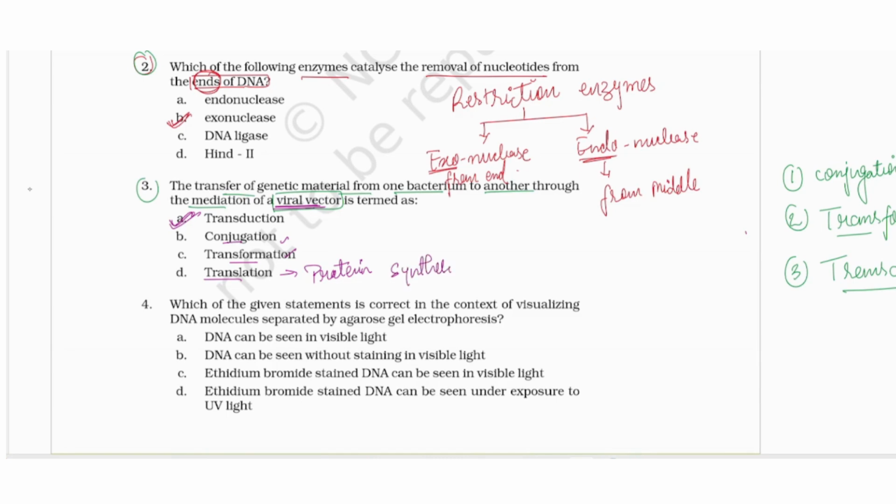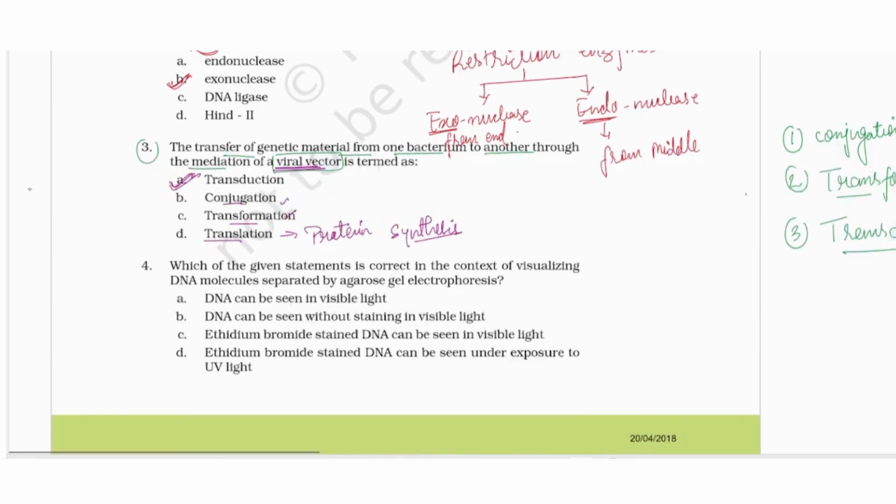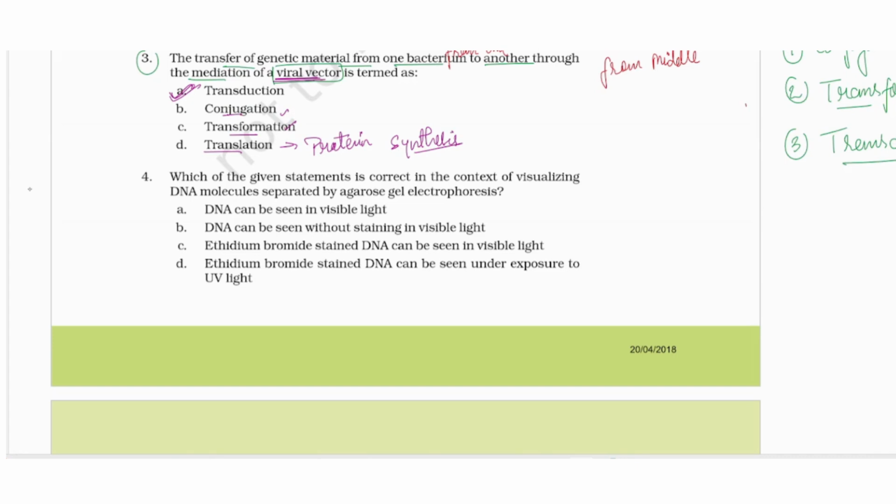Okay, now the next question is, which of the given statements is correct in the context of a visualized DNA molecule separated by agarose gel electrophoresis? In agarose gel electrophoresis, how can we see the DNA fragments or DNA molecules that are separated? By using ethidium bromide, the DNA is stained with ethidium bromide, EtBr.